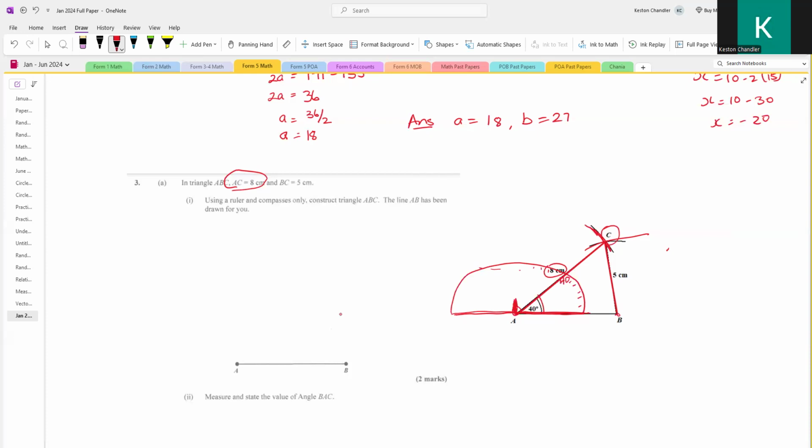So in this question, there was no need to construct the angle, right? You can't construct a 40-degree angle that easily anyway. There are four basic angles: 30, 60, 120, 90, and 45.